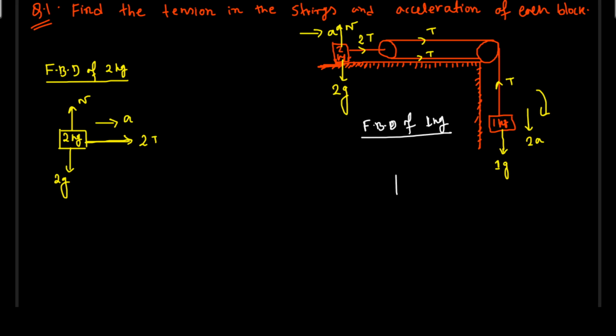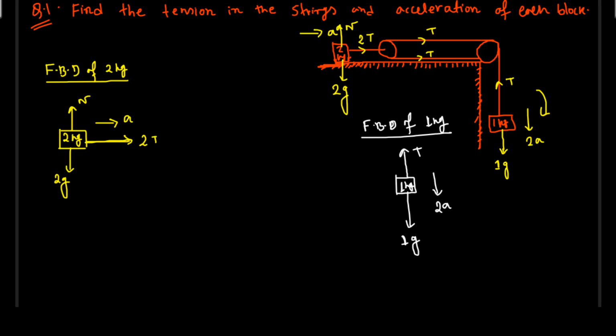So here is the 1 kg block, and two forces are acting: 1G in the downward direction, and the tensional force, that is T, in the upward direction, and acceleration 2A in the downward direction.